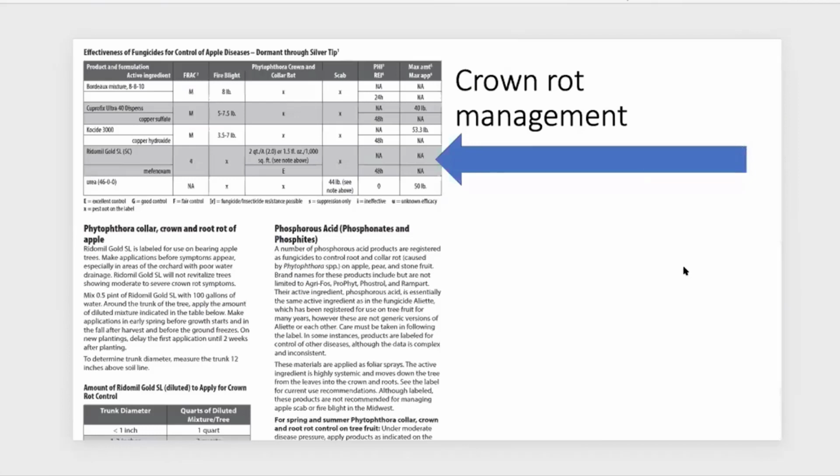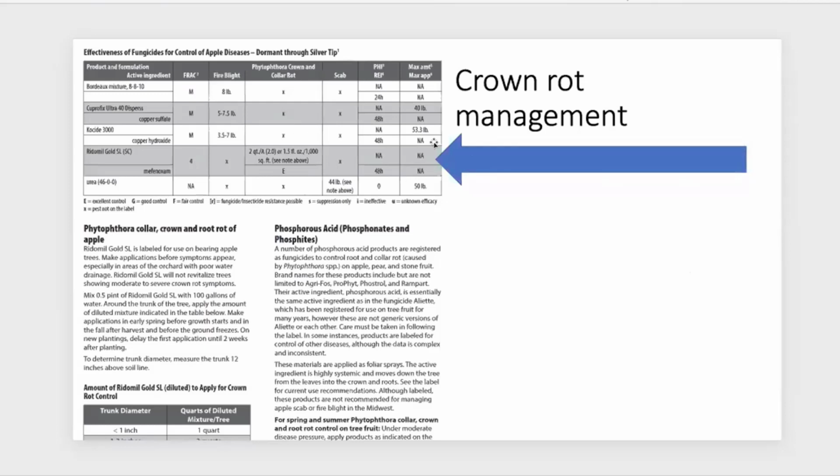So if you go into the Midwest Fruit Pest Management Guide, what we did this year, and we've had that in previous years, we just set the format up a little differently, is we added crown rot in here and what to do. And we tried to put all the information here on the same page. One of the things you really need to keep in mind is the label has been clarified.